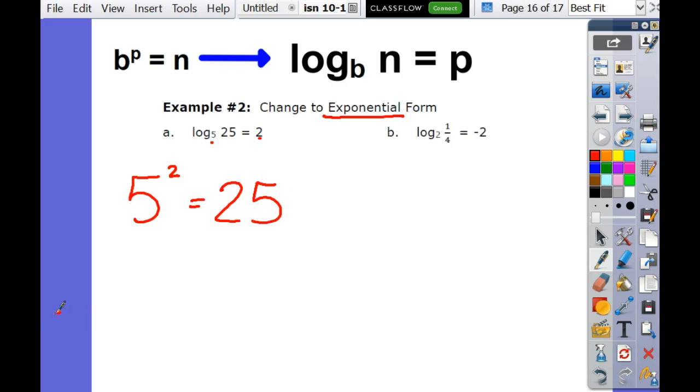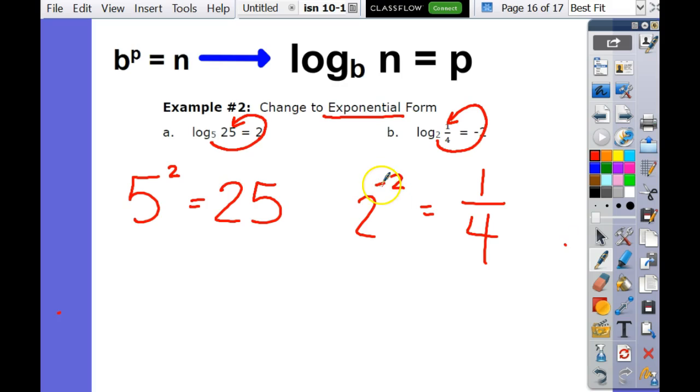It helped some of my students when I did this last year. We start at the base, we raise it to the exponent, and it's equal to 25. We start at the base, we raise it to the exponent, and it's equal to 1/4. Do you remember why this is a fraction? Because this is a negative exponent, this is a fraction.